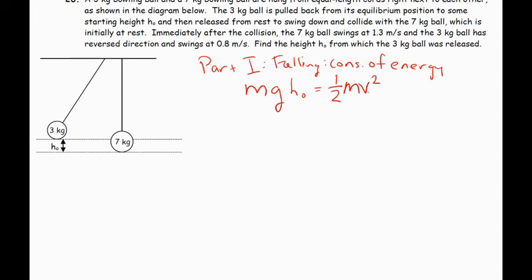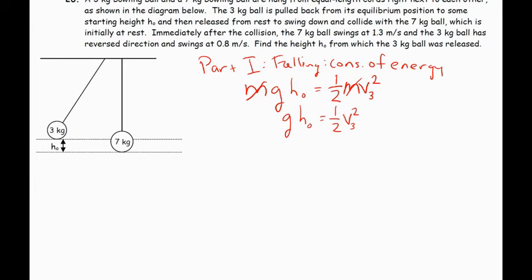And we'll call that v3 because it's the velocity of object 3. So we know that the mass cancels, and we know g h initial equals 1/2 v3 squared. And we're trying to find h initial.